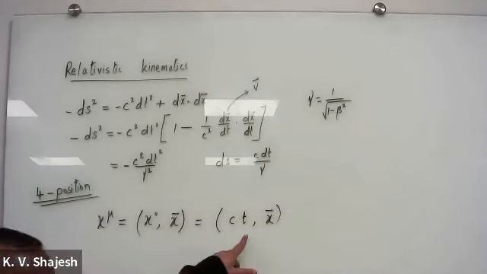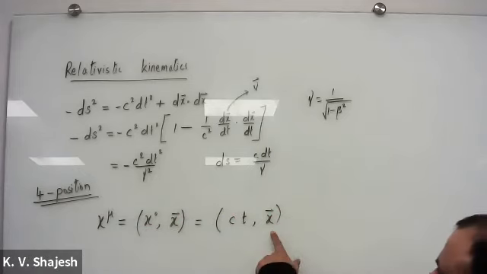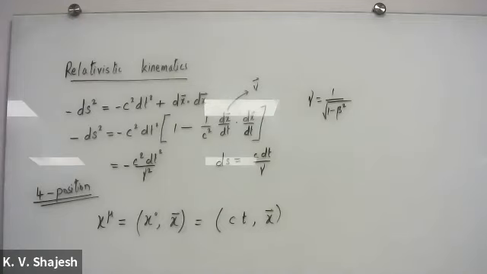The same time that we are used to and the same position that we are used to, but the combination of them has this interesting feature that the square of the spatial components minus the square of the time component stays the same with respect to any frame. And by any frame, I mean something that is moving with respect to the other with uniform velocity. That's pretty clear. Then we define what is called four velocity.